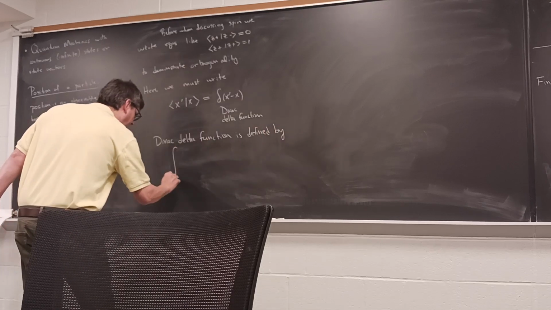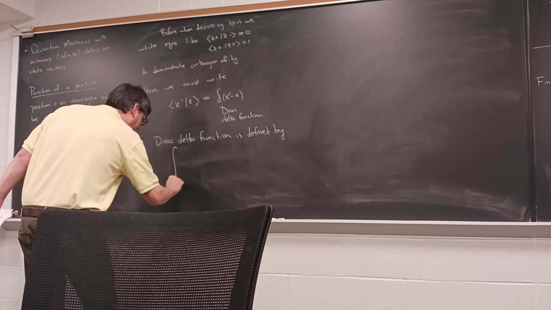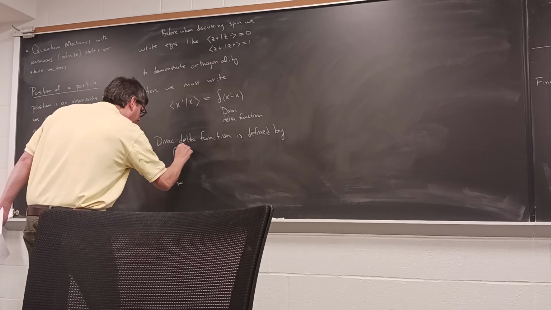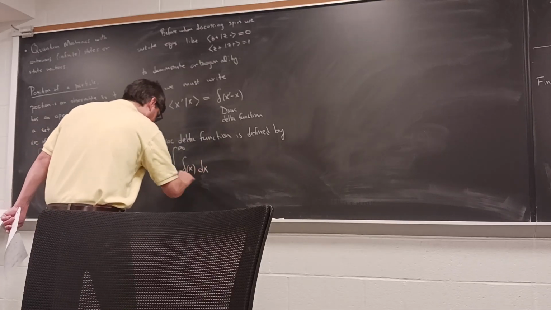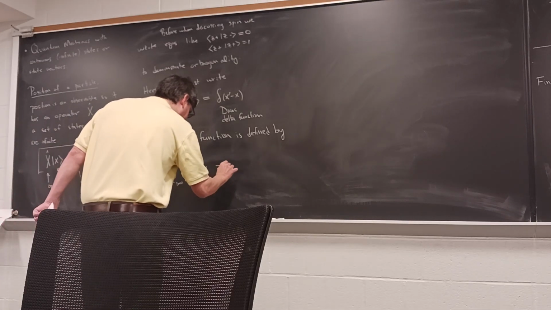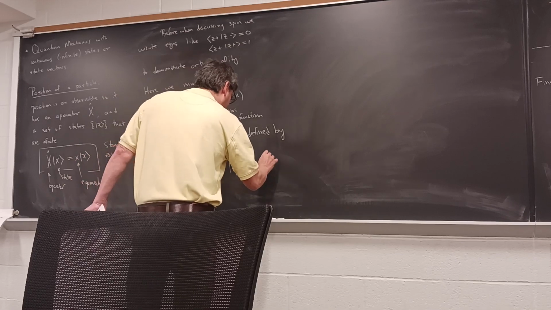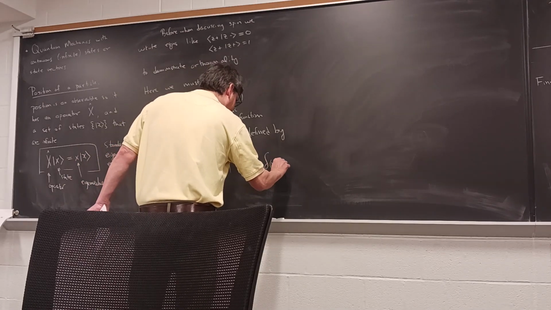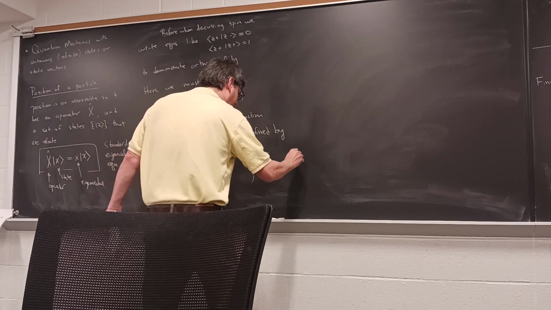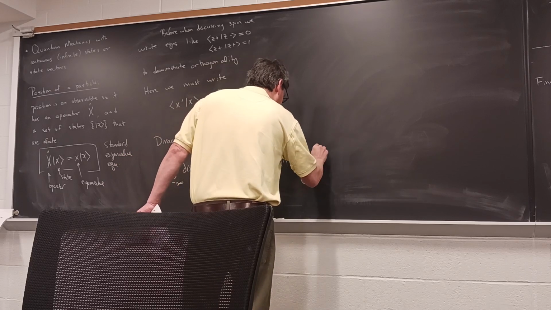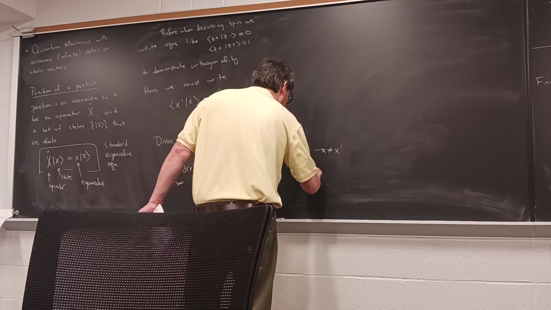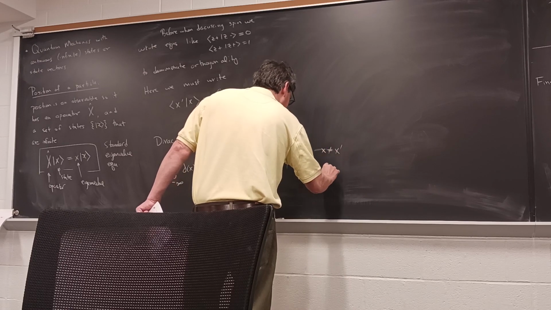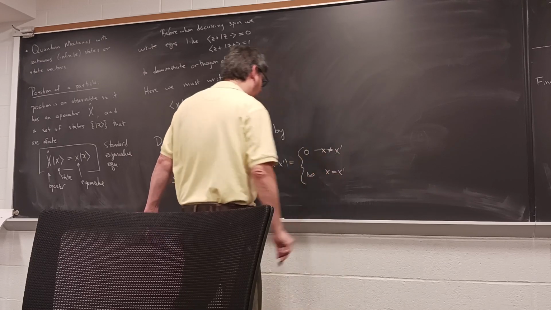The Dirac delta function is defined by the following properties: if we integrate over dx, we get 1, but delta(x minus x') is 0 if x is not equal to x', and it's infinite if x equals x'.